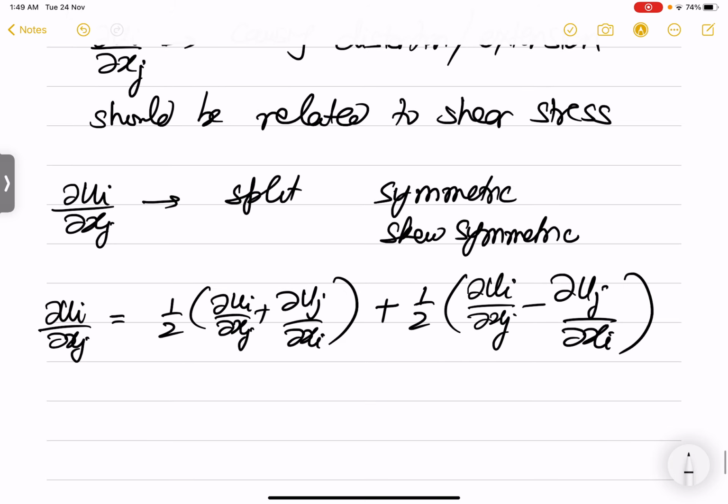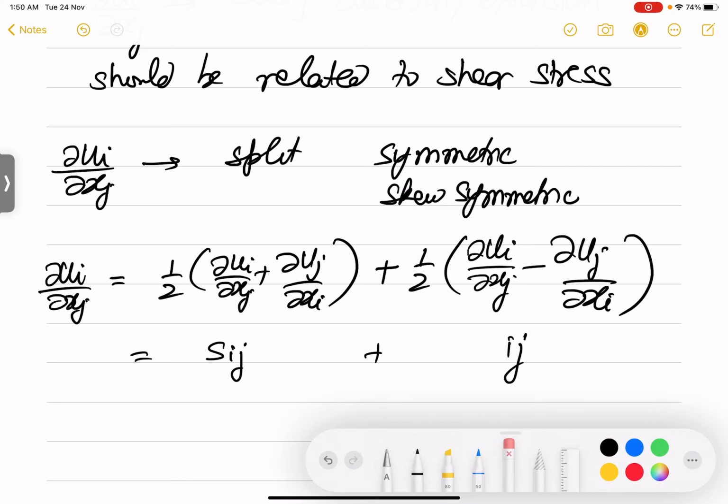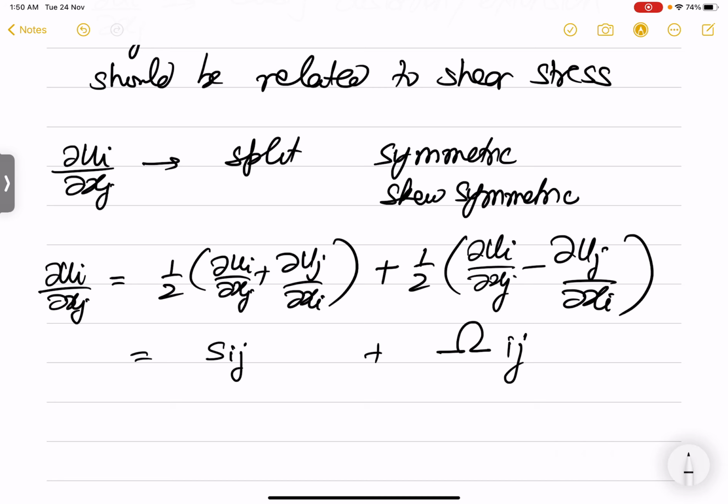What we do is we write this as equal to Sij plus omega ij. Or maybe I can use the symbol capital omega because that is what most textbooks use. So we'll use capital omega ij.